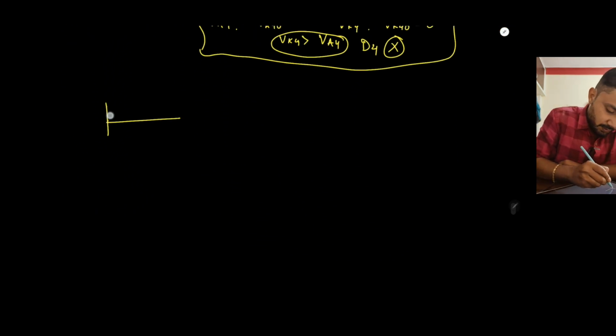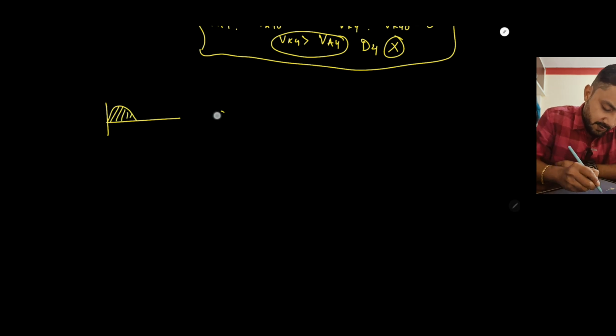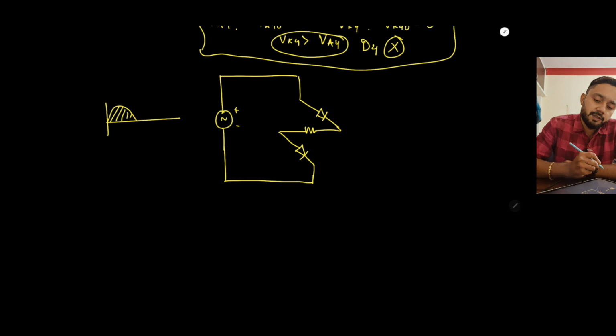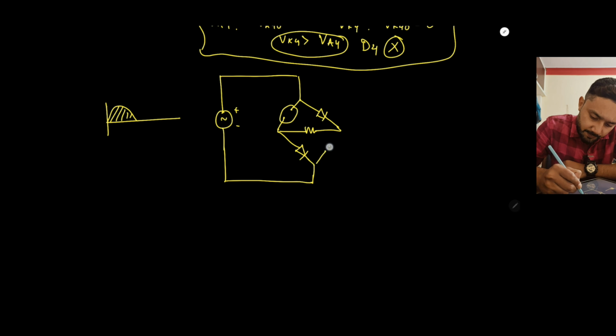So now how can I redraw the circuit? During the positive cycle the circuit will look like this one, because these two diodes won't conduct.